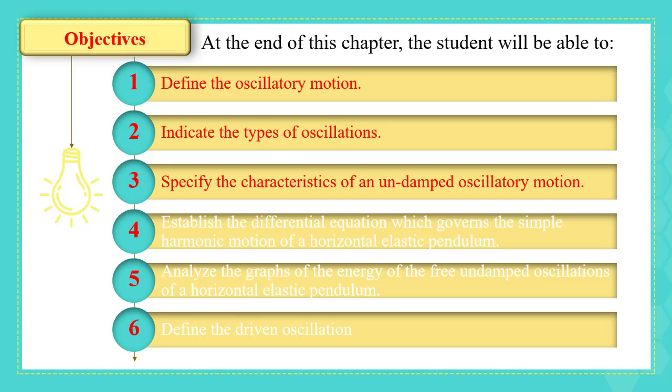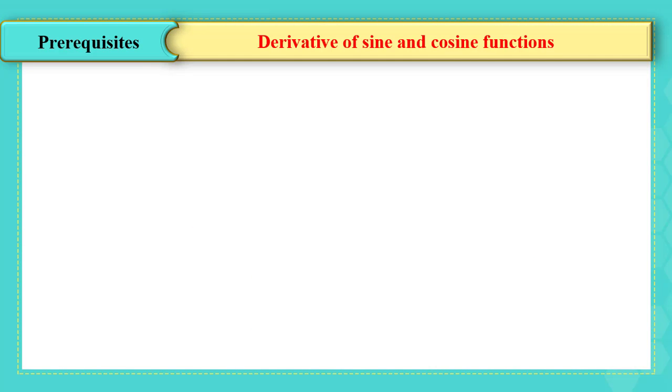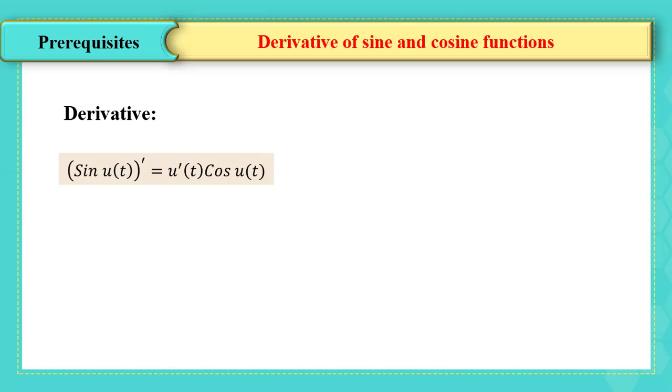Before starting with the lesson, it's better to remember a little about derivatives. In this lesson, we're going to talk about sine functions. The derivative of sine of u of t, where u is a function of t, is u prime of t times cosine u of t. And the derivative of cosine u of t is minus u prime of t sine u of t.